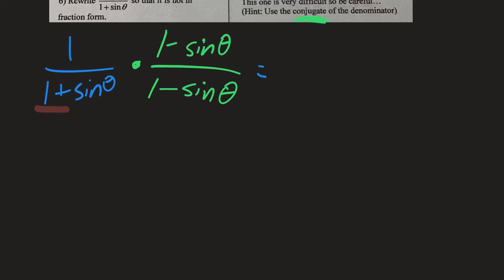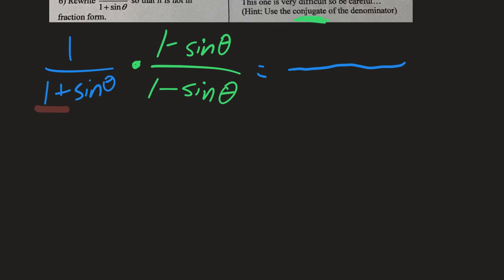So that is kind of the trap, and what we're going to do is use the conjugate of the denominator, which means we're going to use the opposite sign. So I'm going to use 1 minus sine theta, and I'm going to multiply this, not just at the bottom, we've got to do it on the top as well. Now, 1 plus sine theta and 1 minus sine theta mean we have to FOIL this out.